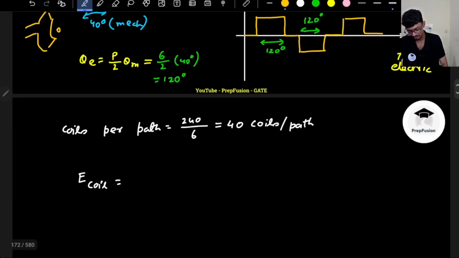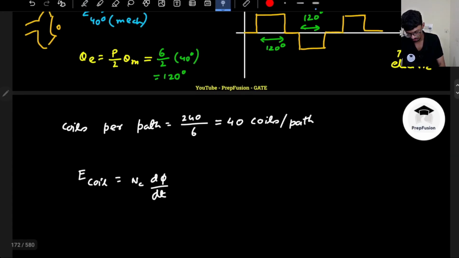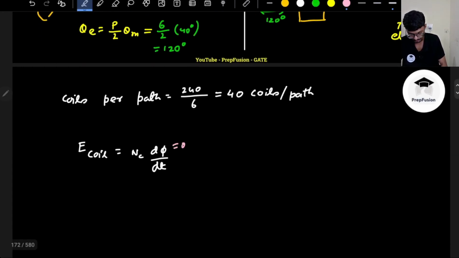Because I know that voltage equals NC into d phi over dt, and you are saying flux density is constant, so this would be 0, right? Is it so? No, it is not, because this is flux linkage. My flux density is constant, but I have not told you that my flux linkage is constant.